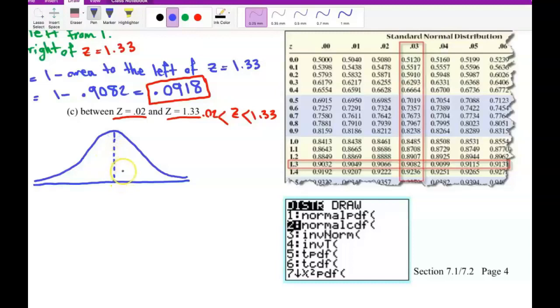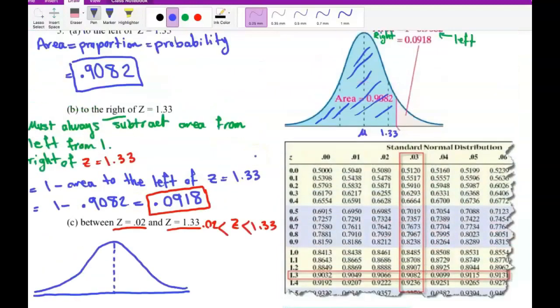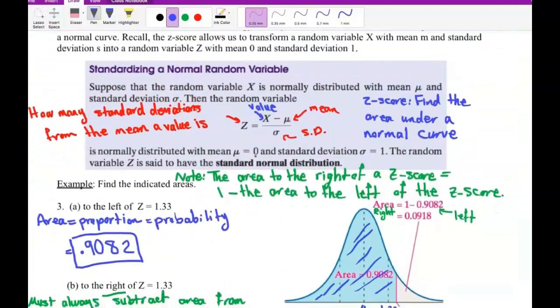For a standard normal random variable, the mean mu is always 0, and the standard deviation is equal to 1.